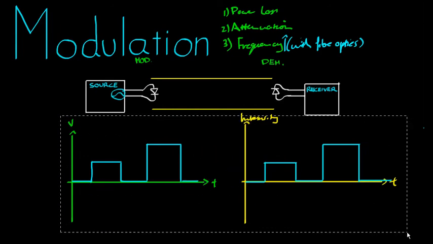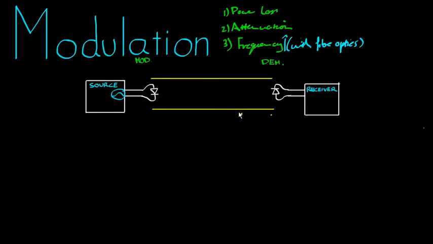Let's look at a more complicated example, and I'll introduce this concept of a carrier wave. So say I had a voltage signal, and it looked roughly like this. Voltage, time, starts at 0, jumps up, then back down.